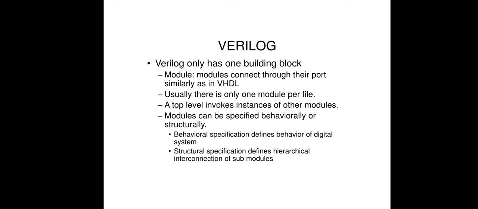That means one file accepts only one module. That is the top level instance, and the others are other modules. Modules can be behavioral or structural. Behavioral simulation describes a digital system, and structural simulation is the hierarchical interconnection of submodules.